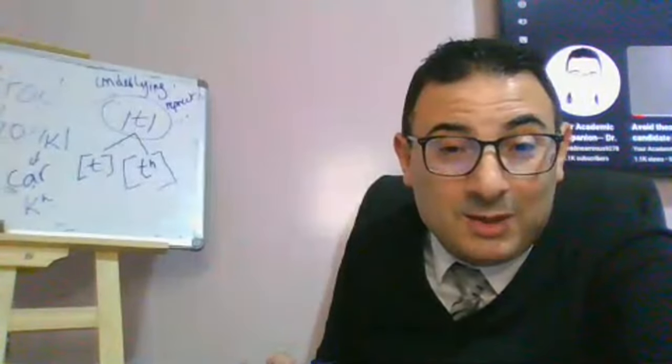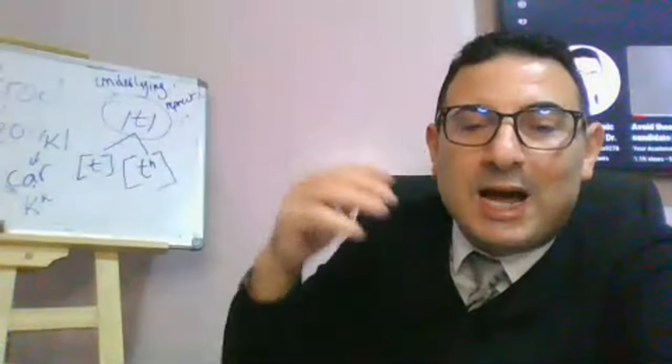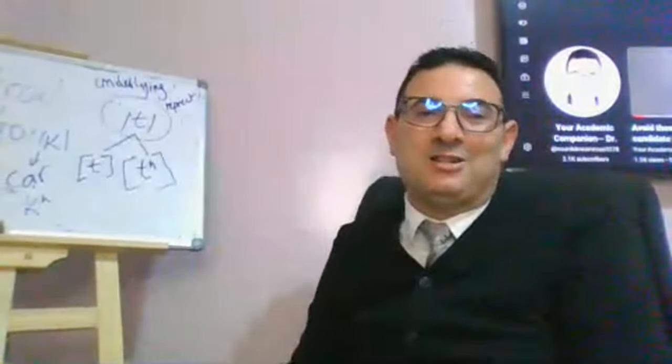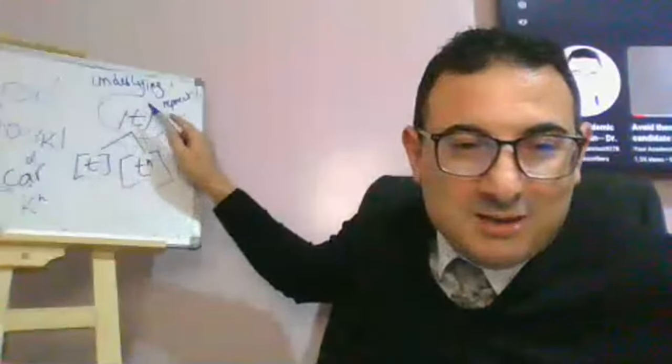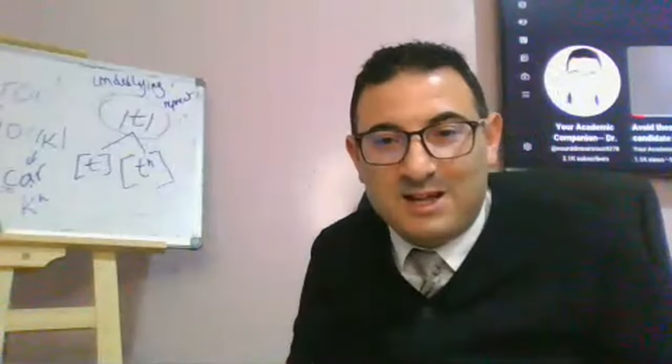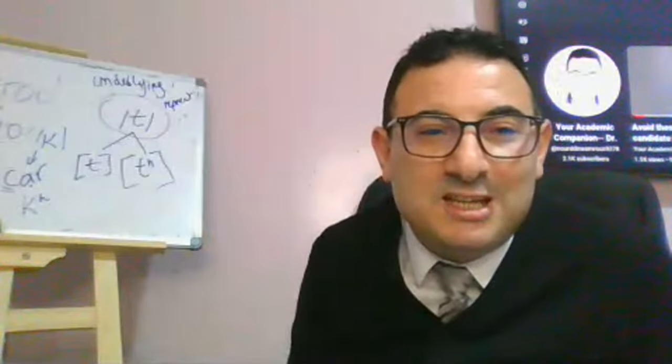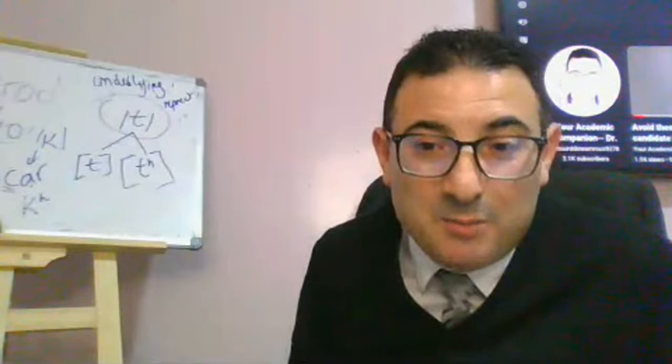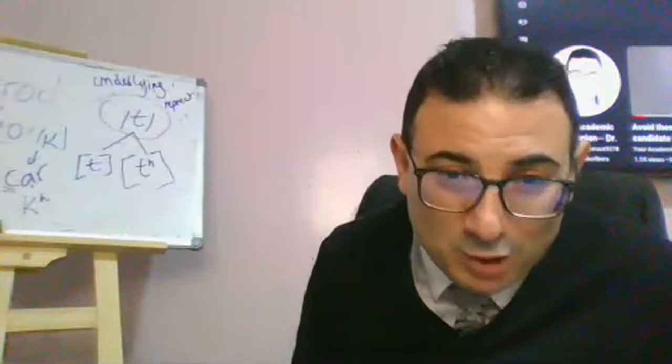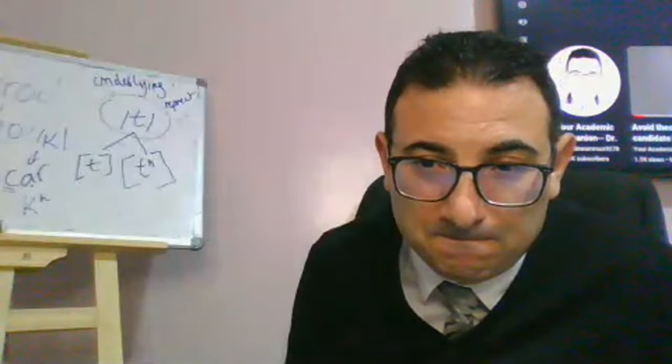So what have I done? Because I know the rule, I can predict the pronunciation. So we say the allophones have this property called predictability of occurrence. Okay?